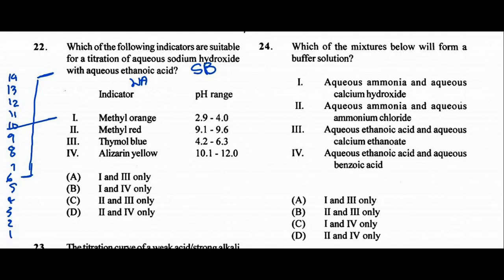So you can't use a range of 2.9 to 4.0, it falls out of range. 9.1 to 9.6, probably, seeing that you're asking for 2, would probably fall in the range there, so I'd go with that. 4.2 and 6.3 falls out, so no. And here we got the perfect looking one for what I did here, and it's 10.1 to 12.0, so 2 and 4, so 22 is D.